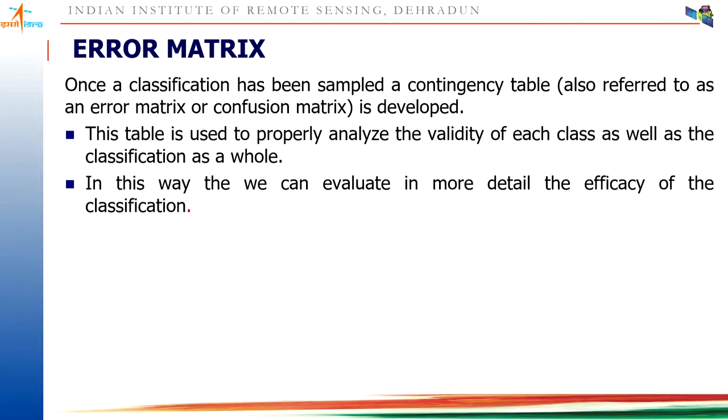Now if you have this kind of table ready with you, because this you have to do beforehand, then this table can be realigned or reformulated in the form of a matrix which we call a confusion matrix.